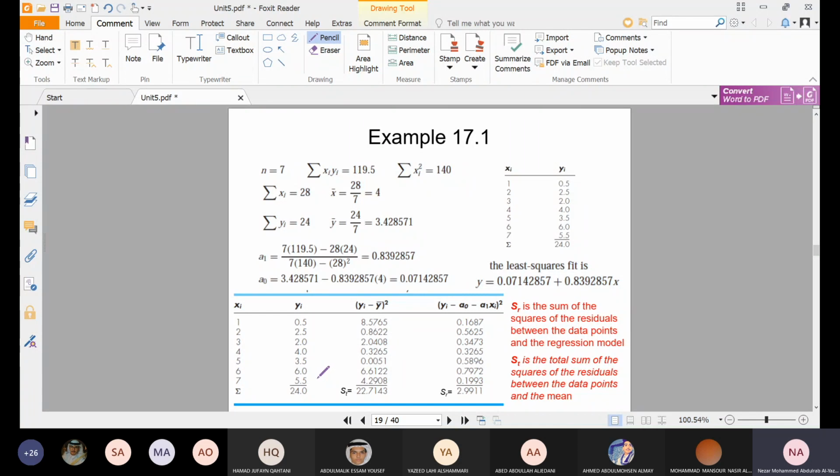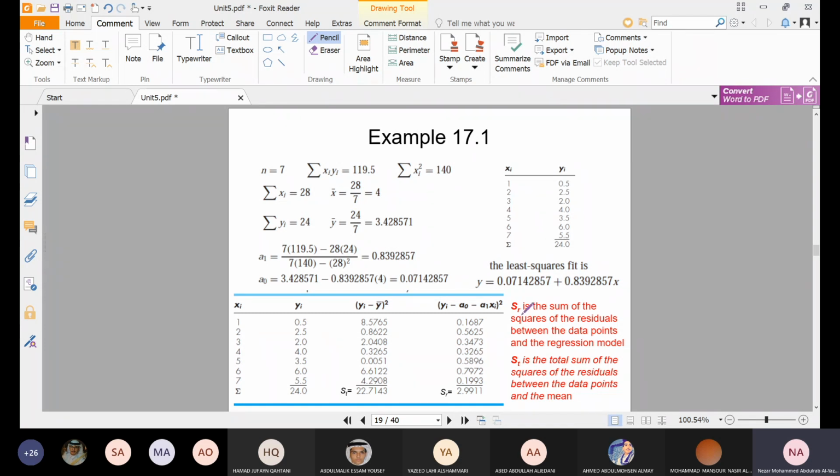This is also an example, I think we go through this one. This represents the difference when we use the error of estimation S_R and the total error S_T. The total error is usually the difference between the observation that we have minus the mean, squared.